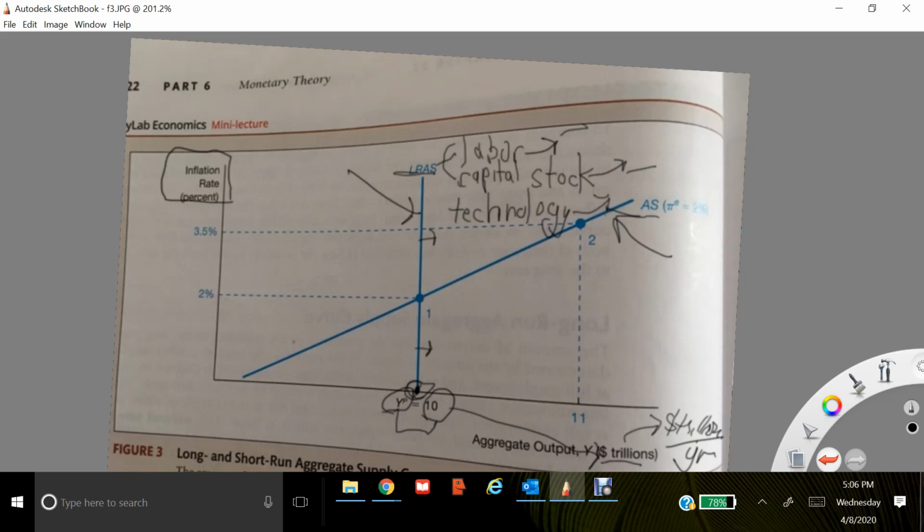Okay, the aggregate supply curve, and this is so important. At any point in time, we have a level of long-run aggregate supply, but in the short run, and the S here stands for short run, there is a relationship between output and inflation.